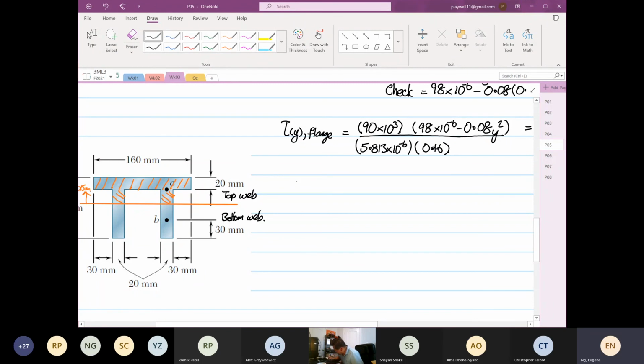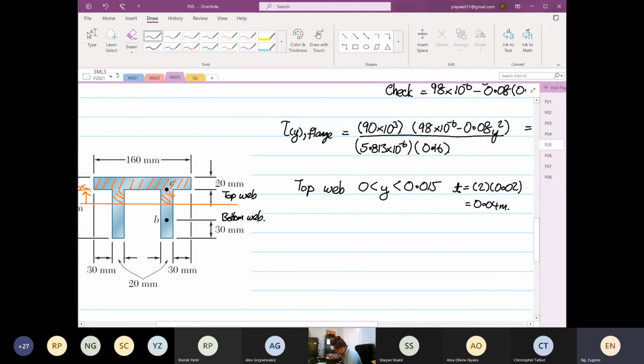Okay. So the top web is the same thing, nothing changed. The first moment of area, we have to be careful. For the top web, our limit is 0, y, and you go to 0.015. Thickness is constant. The thickness is twice of 0.02, so the thickness over here is equal to 0.04.